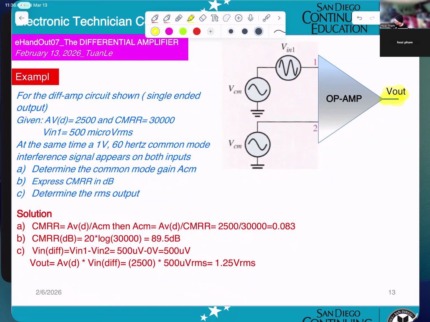Given AVD 2500 and CMRR 30,000, V in 1 is 500 microvolt.